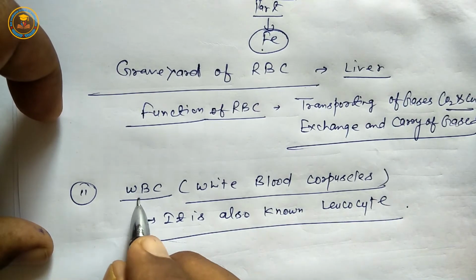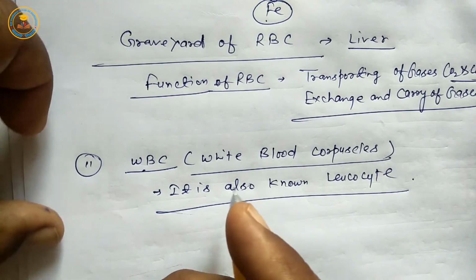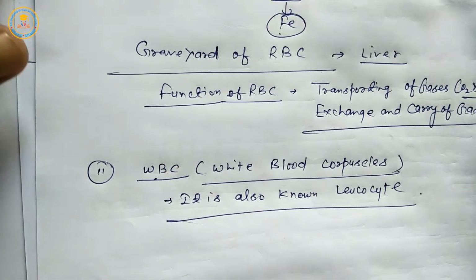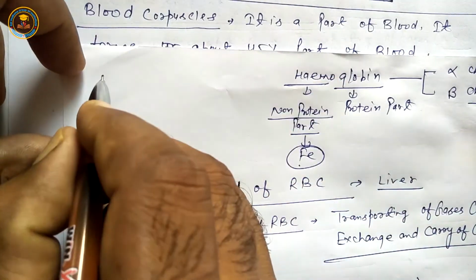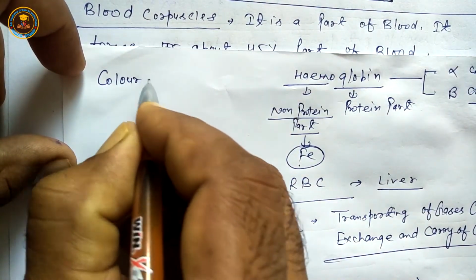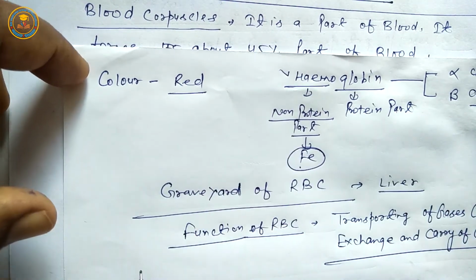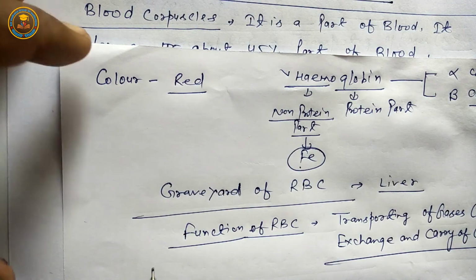Next, it is a type of blood corpuscles. Next is, students, color of RBC is red because hemoglobin, a respiratory pigment, is located in RBC.